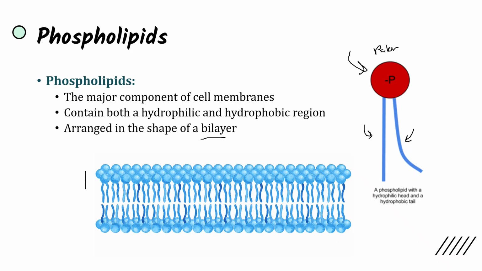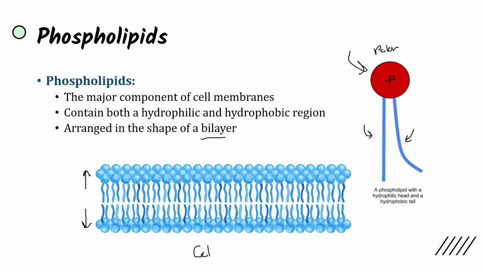So one layer of phospholipids is facing this way while the other is facing this way. The reason for this is inside the cell, it's what's known as an aqueous solution. So there's water-based content within the cell. So of course, the hydrophilic region is going to be facing towards that. The hydrophobic region is repelled from it.